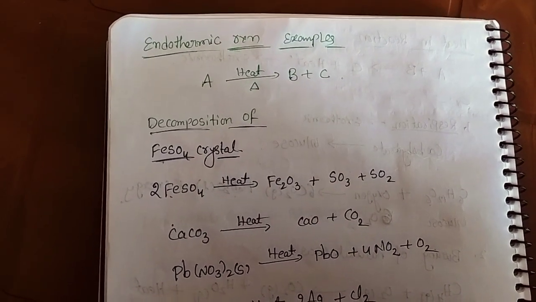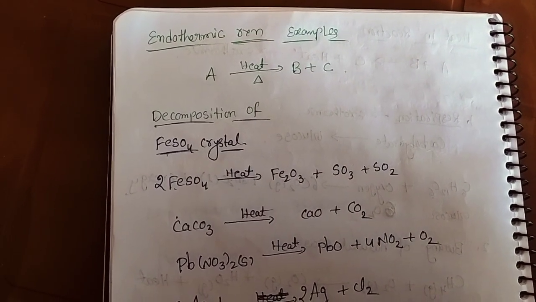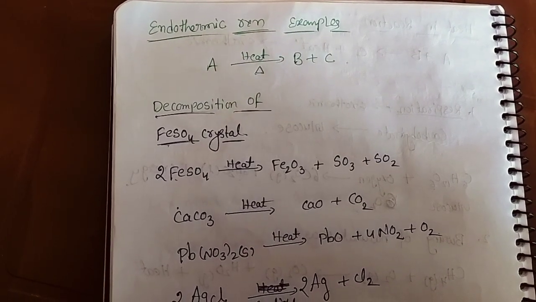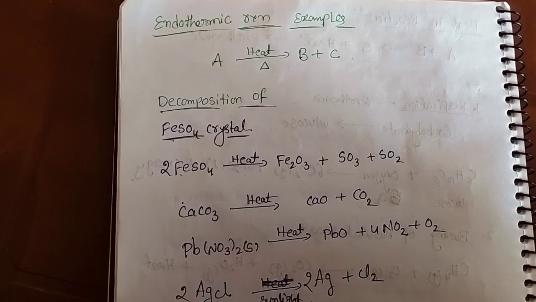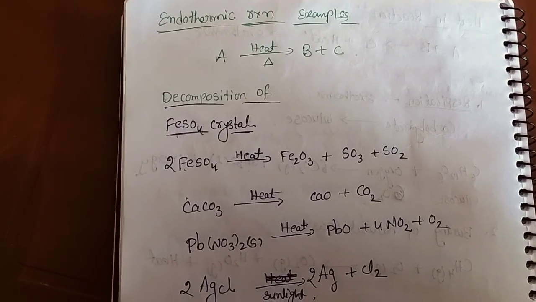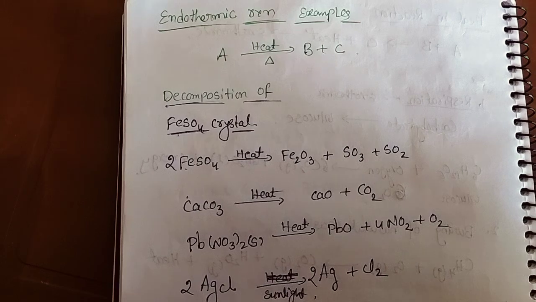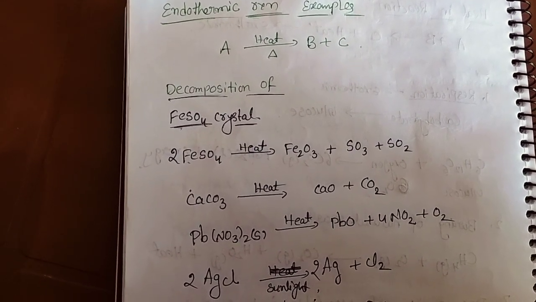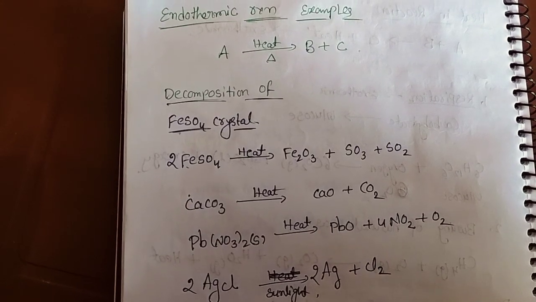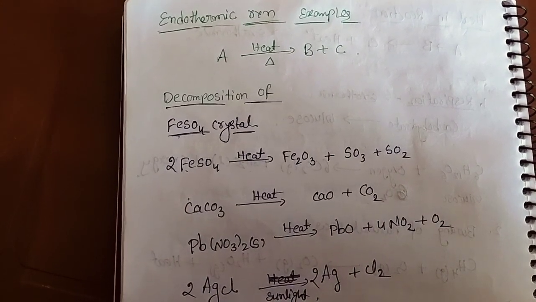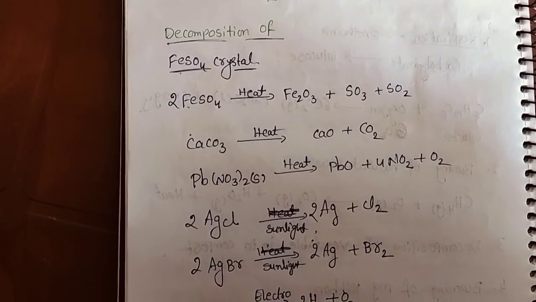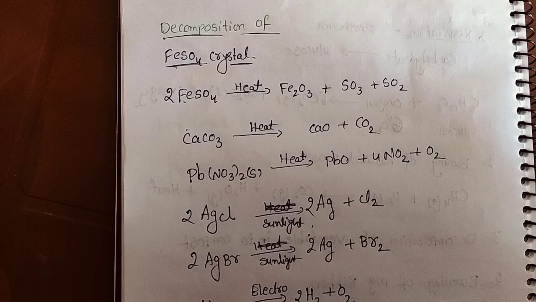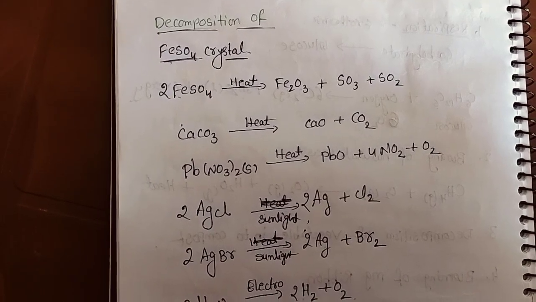So in endothermic reactions we have to write the heat with plus symbol along with the reactants, or minus heat along with the products, or else we can also write the heat or any external energy over the arrow in endothermic reactions.